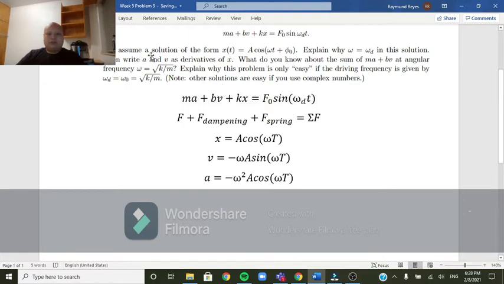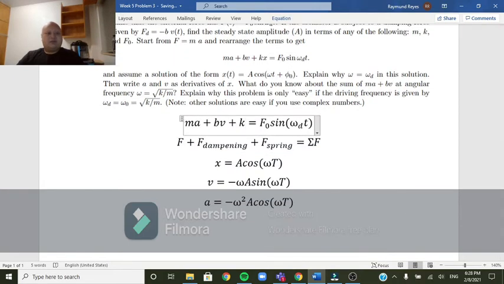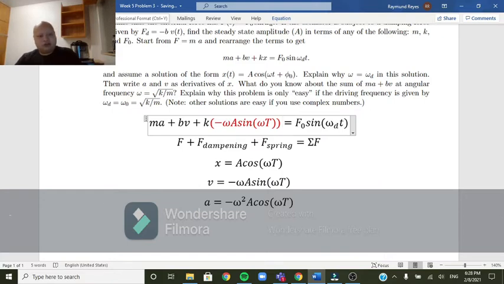So these are your equations for x, v, and a, and now you got to plug them into the function in order to put these in terms of m, k, b, and F0. But you will use the square root of k divided by m later on. So you can just plug in A cosine omega t for x, and it's in red, and then plug in v.